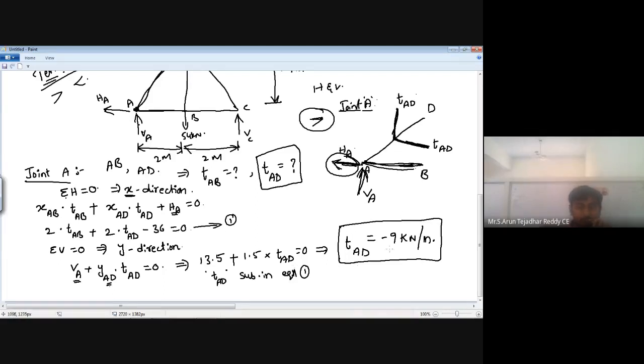So just this value substitute in this equation, that is 2 into TAB plus 2 into, in place of TAD, substitute minus 9, minus 36 is equal to 0. Then you will get TAB value. What is the value of TAB?